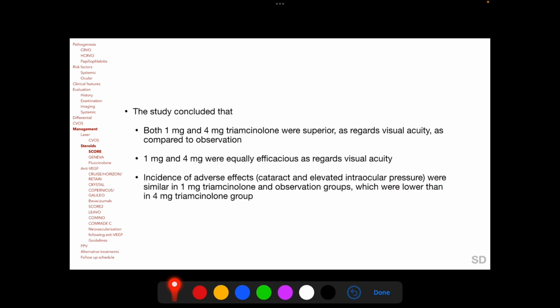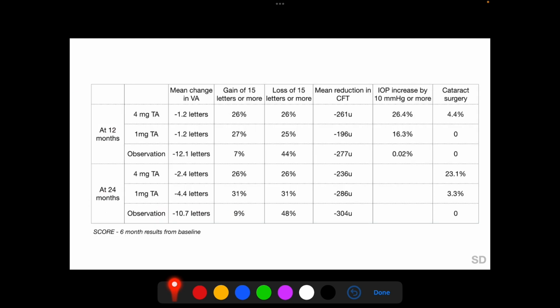The SCORE trial concluded that both 1 mg and 4 mg triamcinolone were superior as regards gain in visual acuity as compared to observation, and also that 1 mg and 4 mg were equally efficacious as regards gain in visual acuity, but incidence of adverse effects, namely cataract and elevated intraocular pressure, were lower in the 1 mg triamcinolone group as compared to that in the 4 mg triamcinolone group. This chart shows the 6-month results from baseline in the SCORE trial.